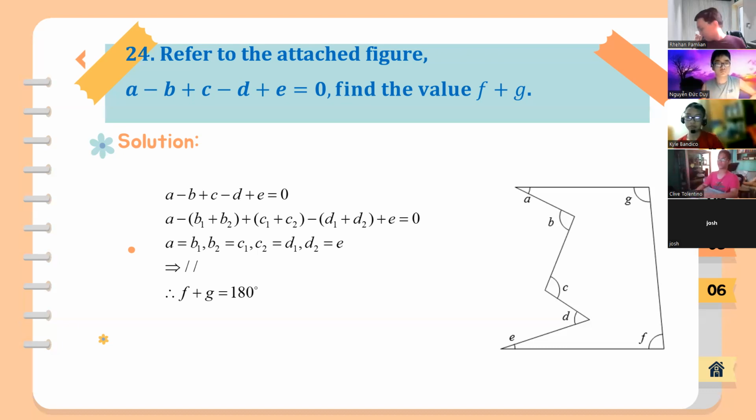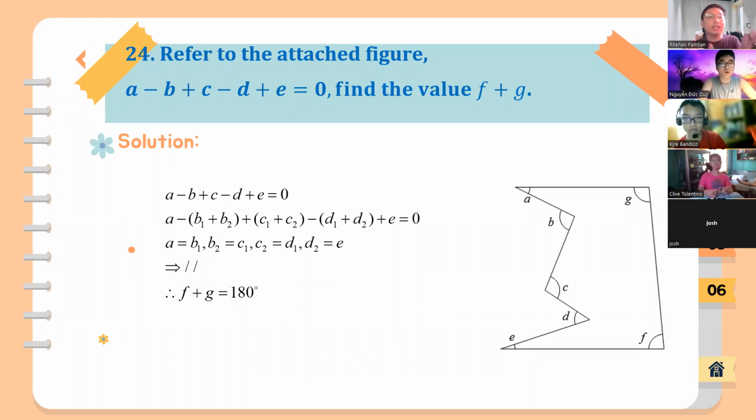Okay, so everybody, we proceed now with the next question since we don't have any more questions on this problem. Basically, the answer there is 180 again. It's because we need first to prove that it's parallel. And then remember that when you have interior angles on the same side of two parallel lines, they are supplementary.